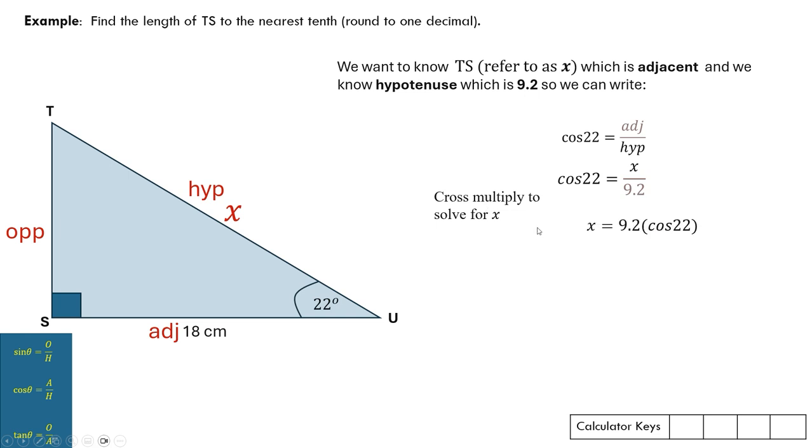That tells us that x will equal 9.2 times the cosine of 22. The cosine of 22 on our calculator is 0.9271. That gives us a length of 8.5 for x. So side x is 8.5 centimeters in length.